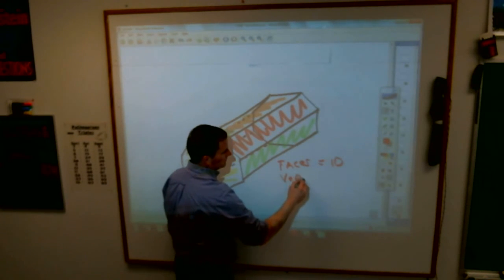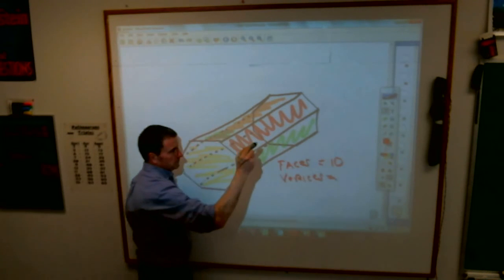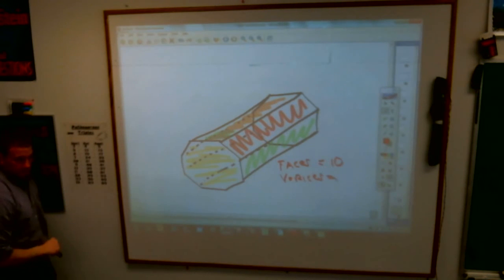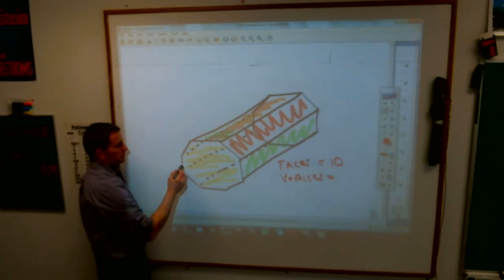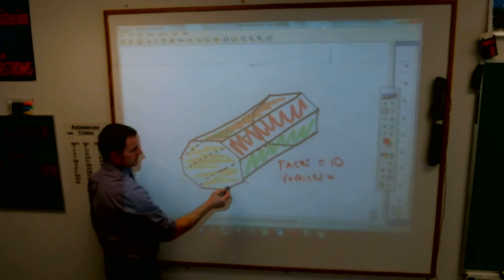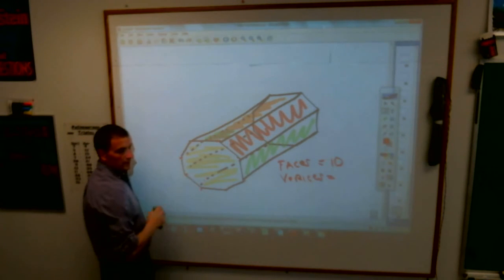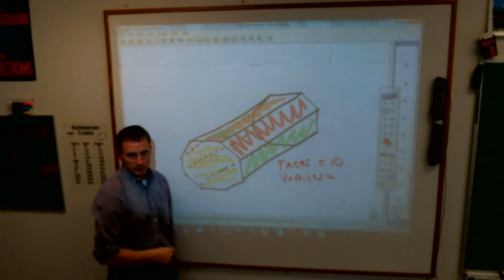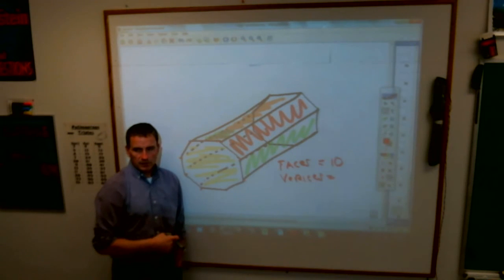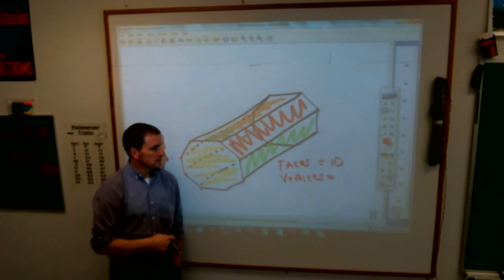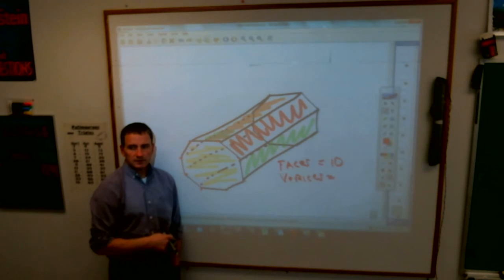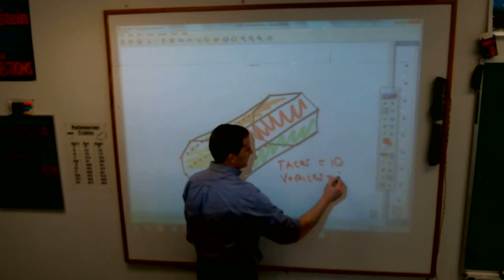Vertices. How many little points? 1, 2, 3, 4, 5, 6, 7, 8. Points, vertices. What do you think, John? 16 is correct.